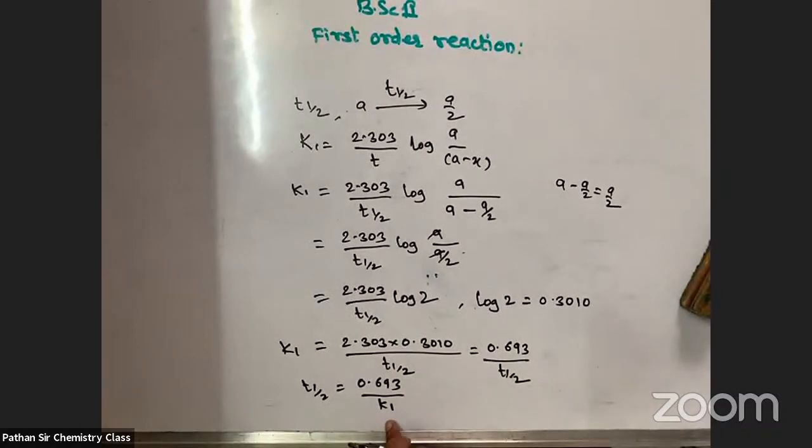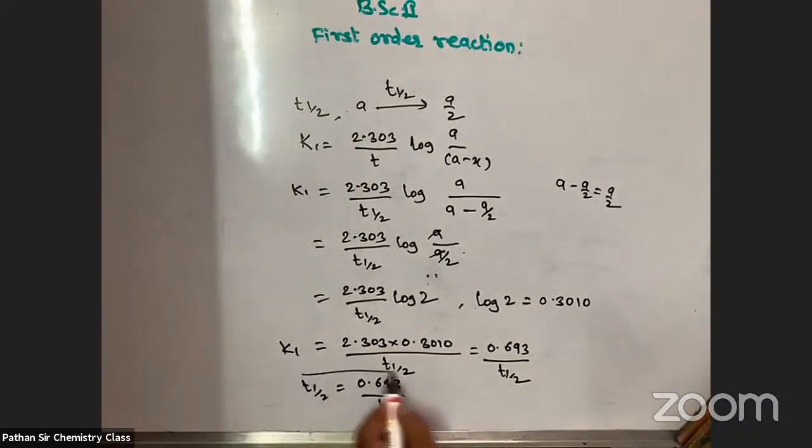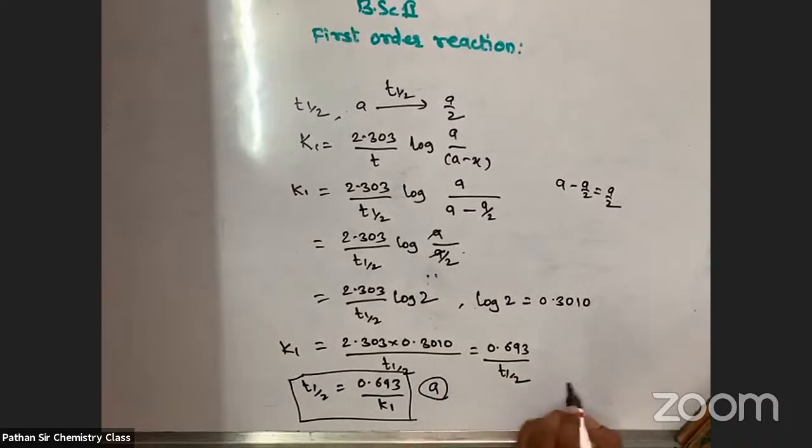So on the basis of this equation, we have numericals. Now, if you see this last point, this equation does not have the initial concentration term A. T half is equals to 0.693 divided by K1.